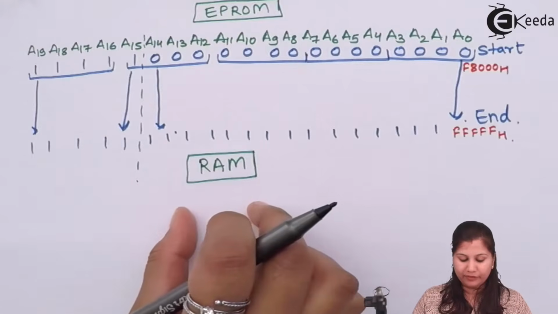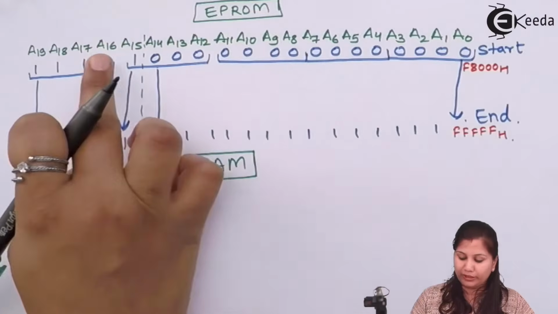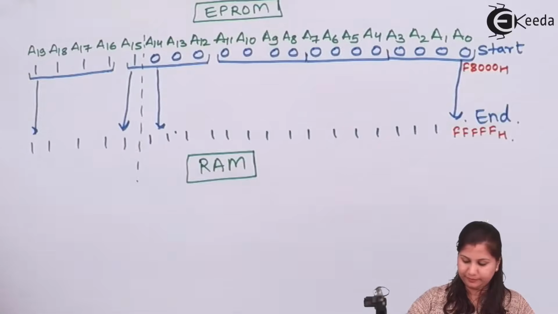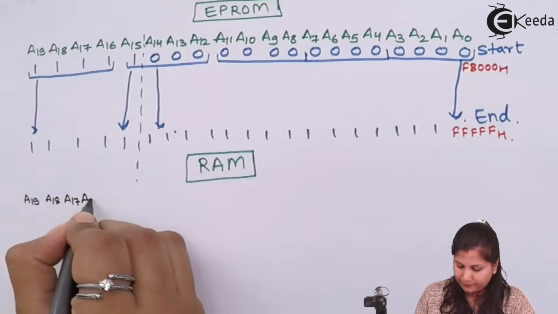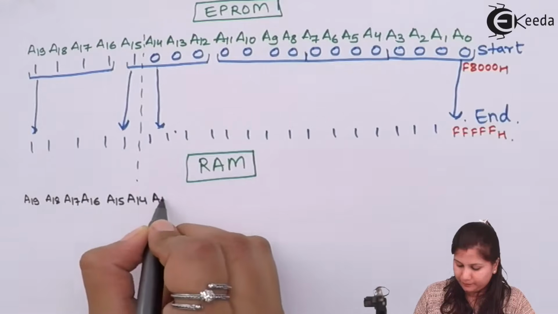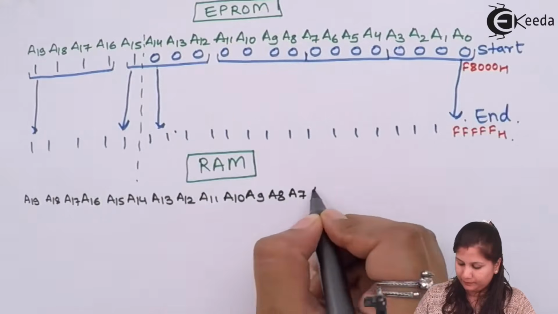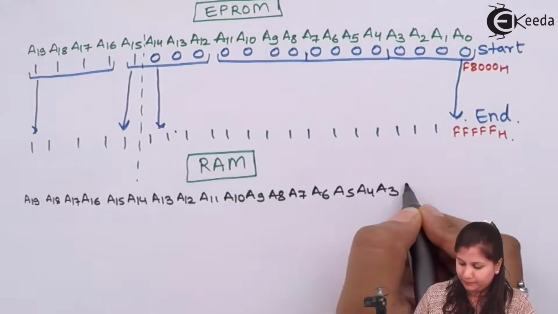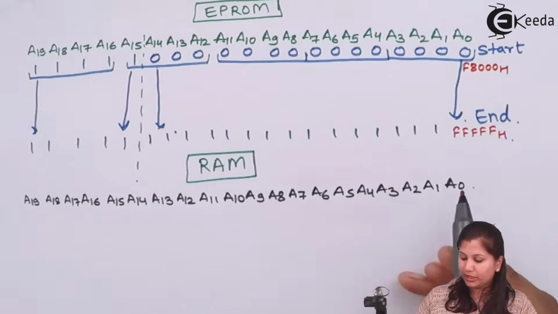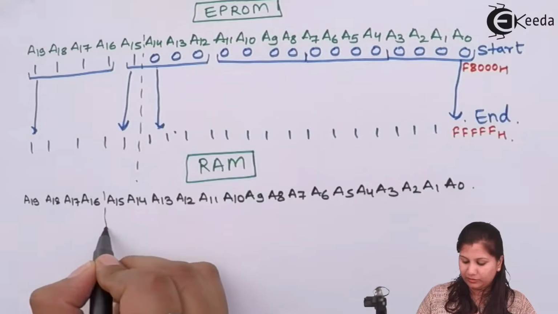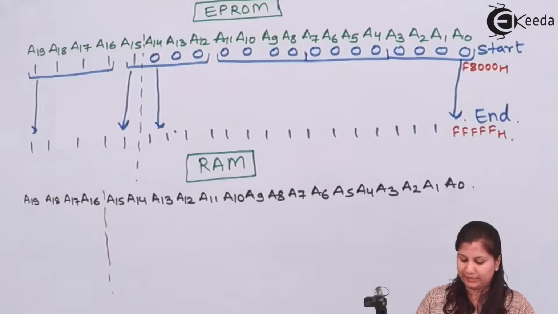Now for RAM we will require the 16 address lines. So A0 to A15 will be used. So we are going to use A0 to A15 and A16 to A19 will be used to form the chip select signal.